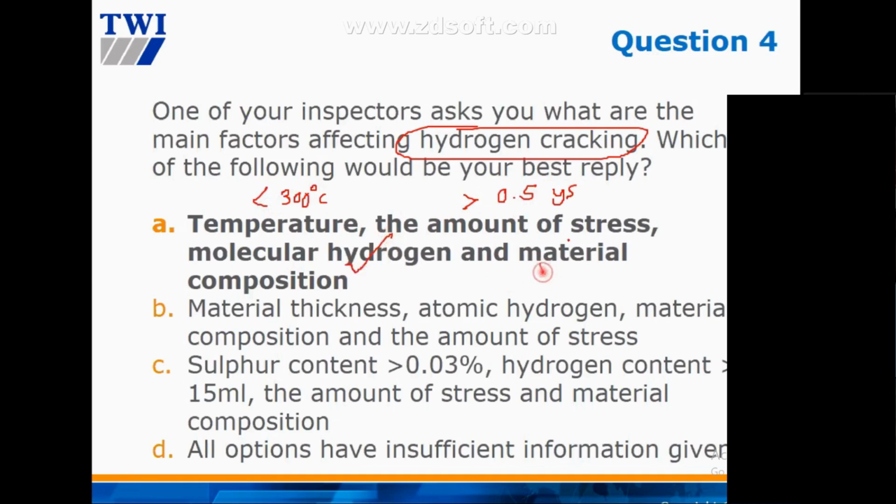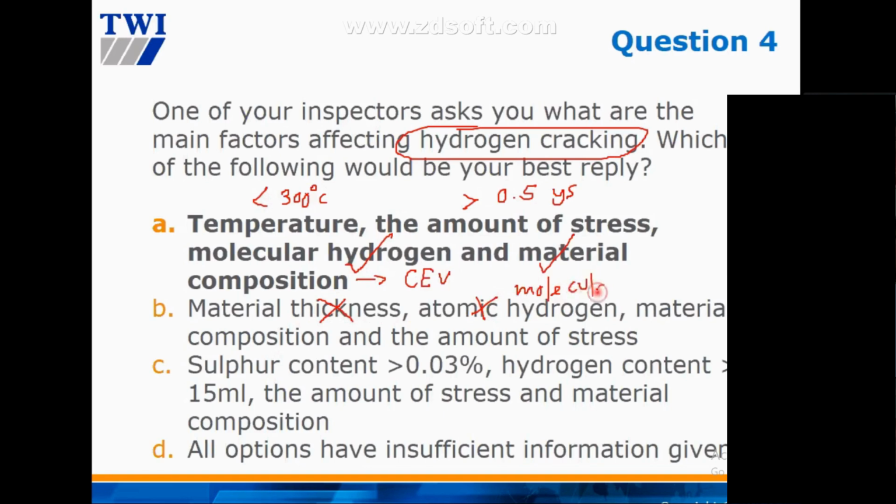Material composition, yes, because it's related to carbon equivalent. Why is B wrong? Because it's not related to thickness. The factor of hydrogen never relates to thickness unless we refer to preheat.